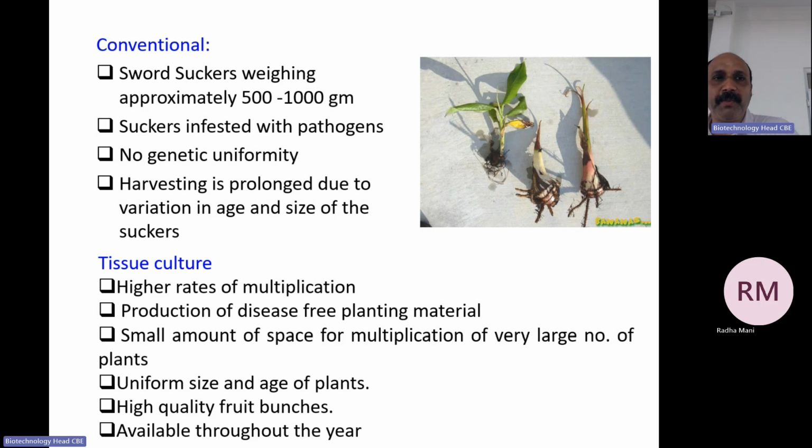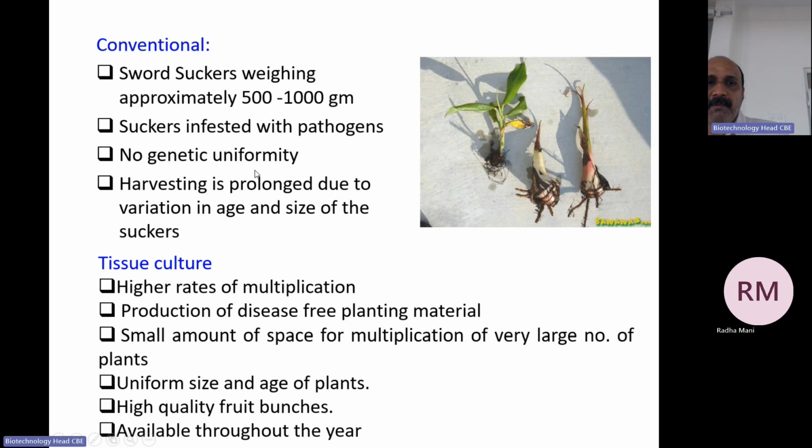In a normal conventional sucker field, the harvest can go up to 1 month difference. We cannot have laborers for the entire 1 month of harvest. If everything comes for harvest at a time, then we can have laborers and harvest at one time, right? So that is one advantage of having tissue culture plants.